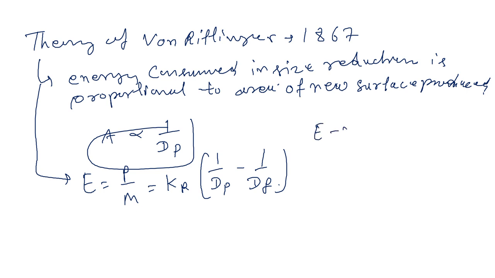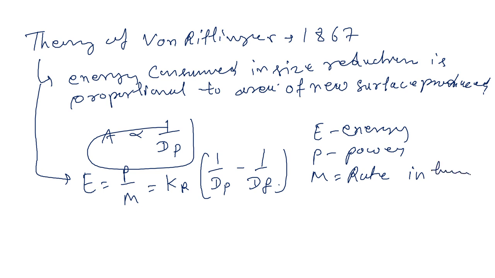E is the energy, P is the power, M is the rate of reduction in tons per hour, dP is the product size, and dF is the feed size.